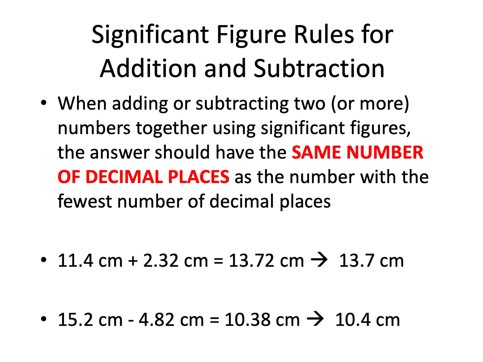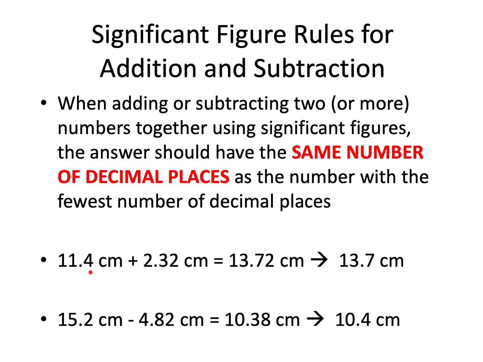So let's look at a couple of examples here. I've got two measurements here, 11.4 centimeters plus 2.32 centimeters. It doesn't matter how many significant figures these guys have because they are being added or subtracted. And so I keep track of the number of decimal places. This has 1 decimal place. This has 2 decimal places. When I add them together, my answer should keep the least number of decimal places.